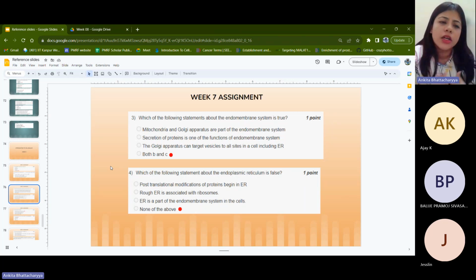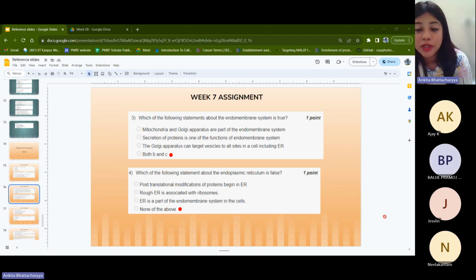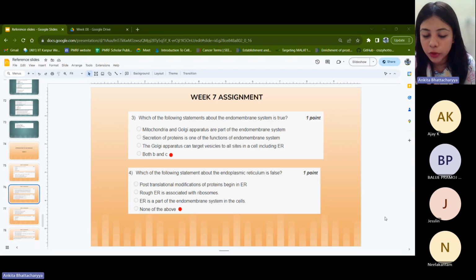Not just that, within the ER there are a large number of enzymes, particularly known as chaperones. You can think of them as helpers, which allow the proper folding of proteins when a protein has undergone misfolding.